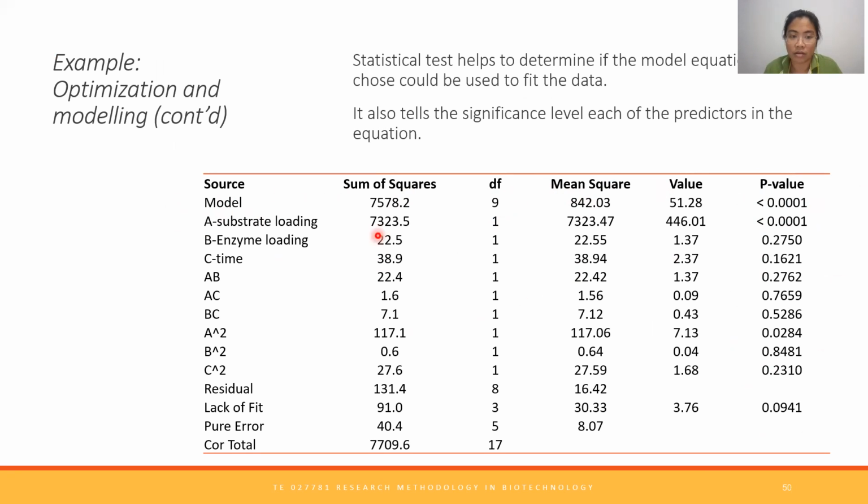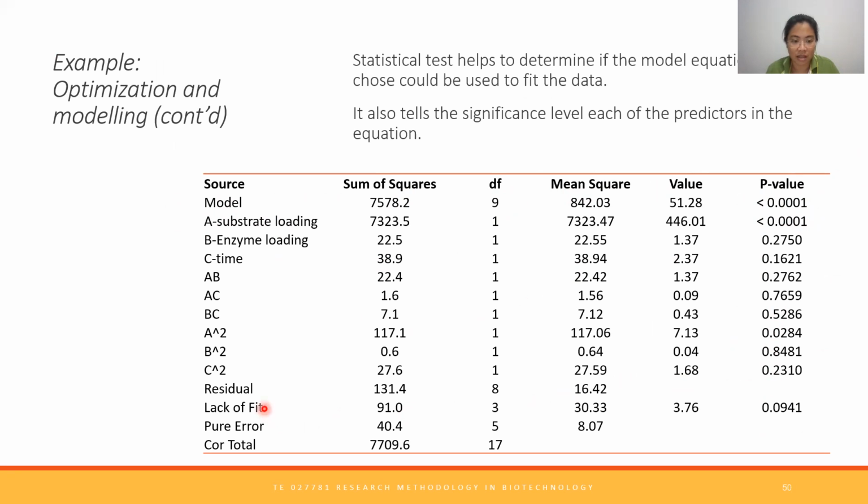This test of the model has a null hypothesis and an alternative hypothesis of its own. Knowing the hypothesis of the model testing will help you explain better that this model could be used to fit, because the p-value is less than 0.05.